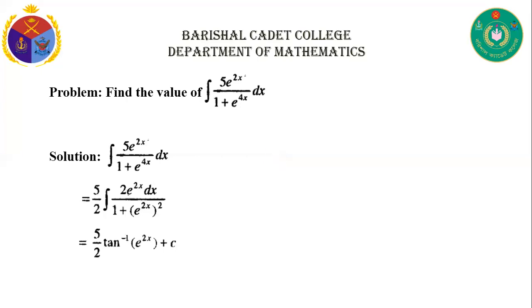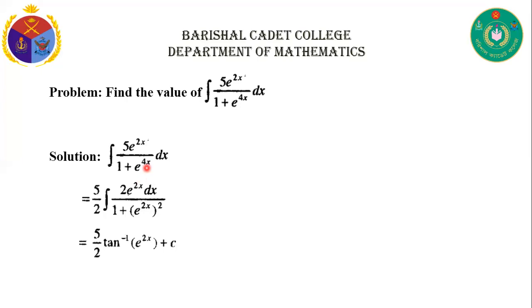So here is the integration of 5 e to the power 2x over 1 plus e to the power 4x. Here we take 5 out. Now if we suppose we let e to the power 4x as z, then the differentiation of e to the power 4x is 4 e to the power 4x.